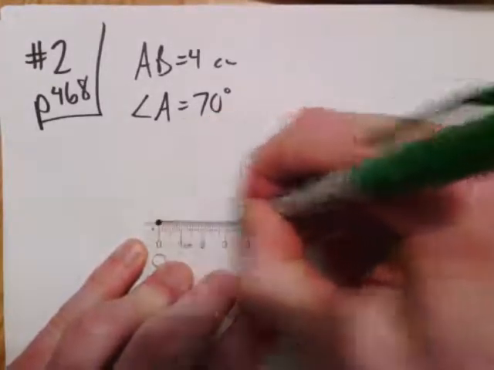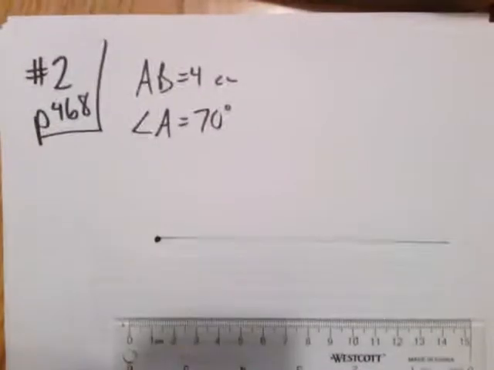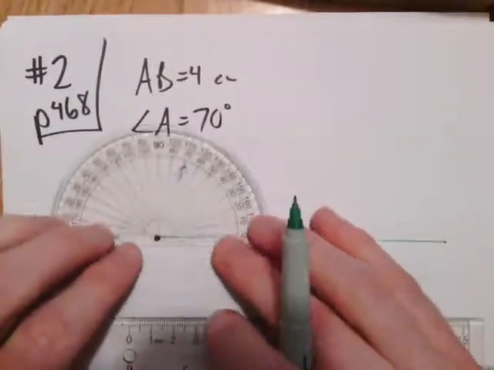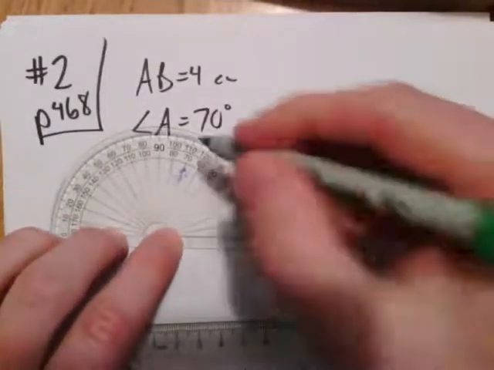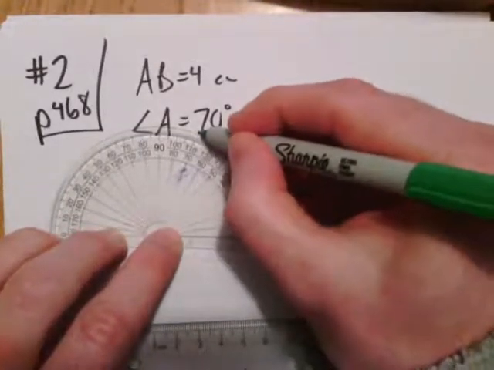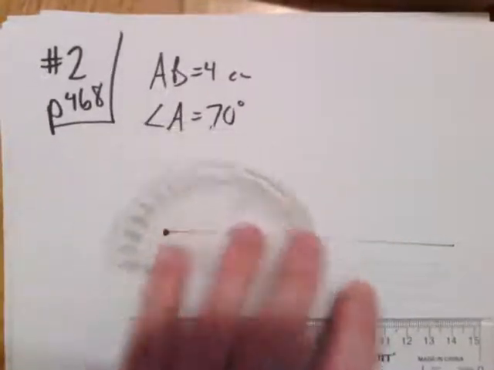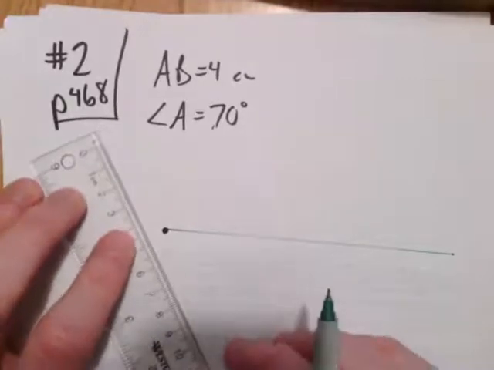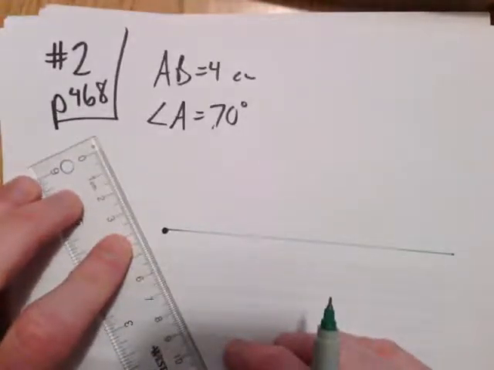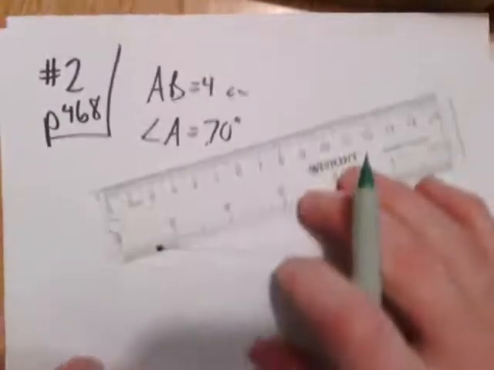This doesn't say how far that is. A is 70 degrees. Okay, so it's like there. And then this is only AB. It's 4 centimeters long.